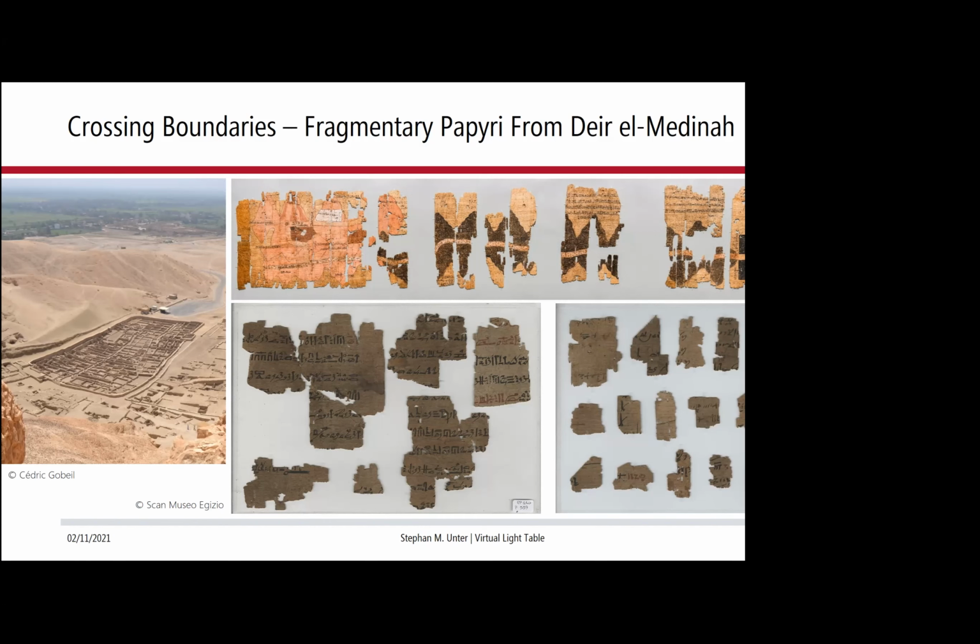So these are the remains of the settlement. During the Ramesside period, roughly 1300 BC, there lived the workers and their families who built the royal tombs in the Valley of the Kings and the Valley of the Queens. So important people.